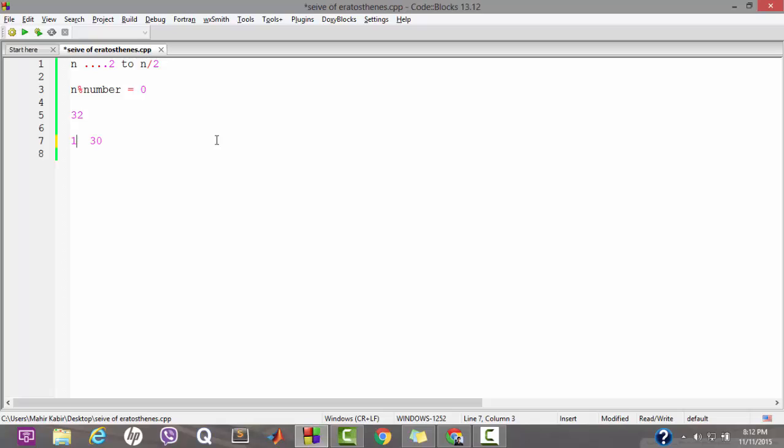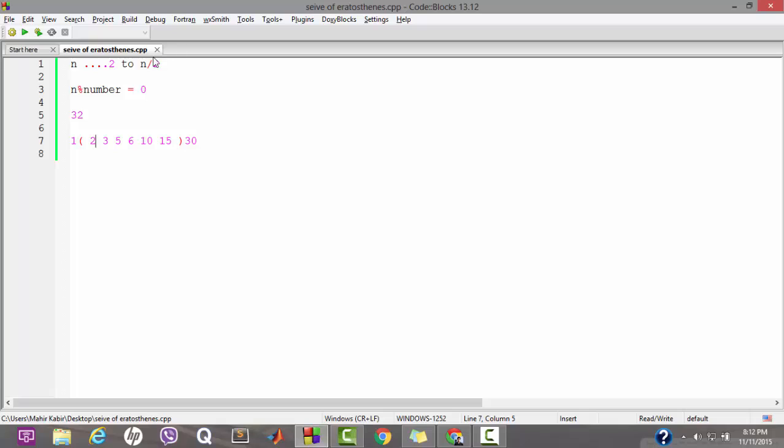For 30, the divisors are 2, 3, 5, 6, then 10, 15. Okay, we are checking for 30. Let's just recap.